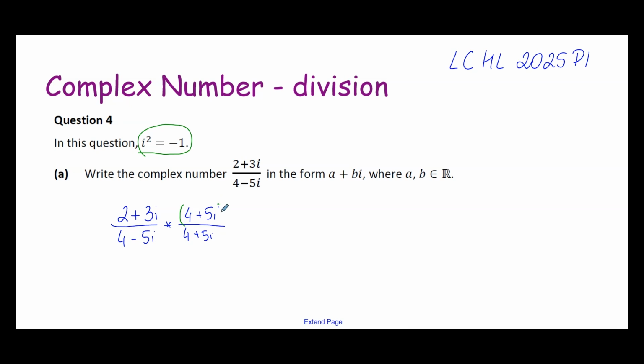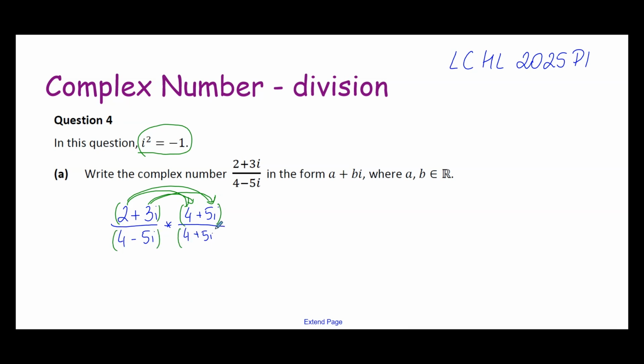So how do I multiply a complex number by a complex number? Well, the same as with algebra, we multiply everything by everything, right? So that's what I'm going to have on top of the fraction.